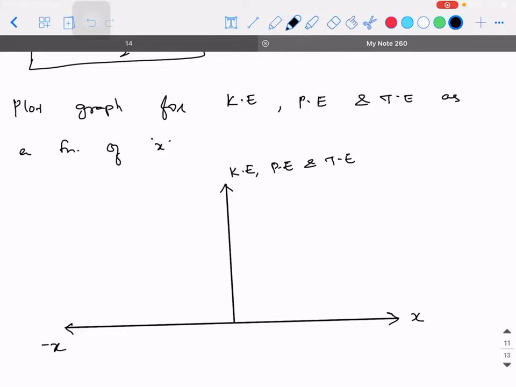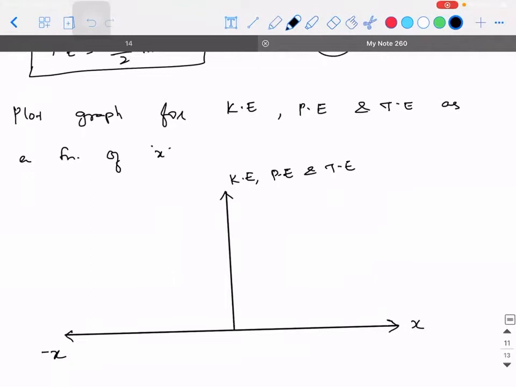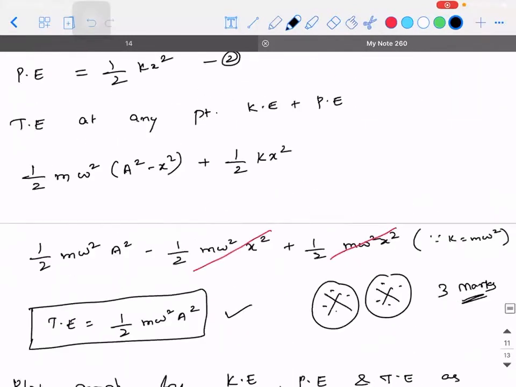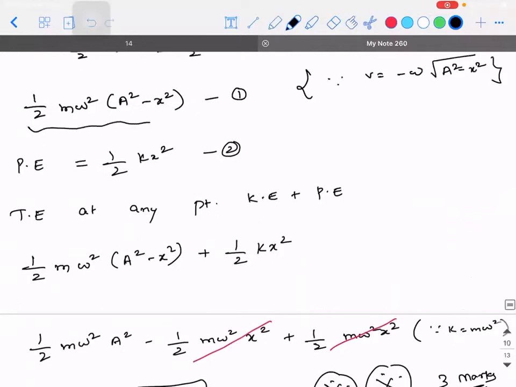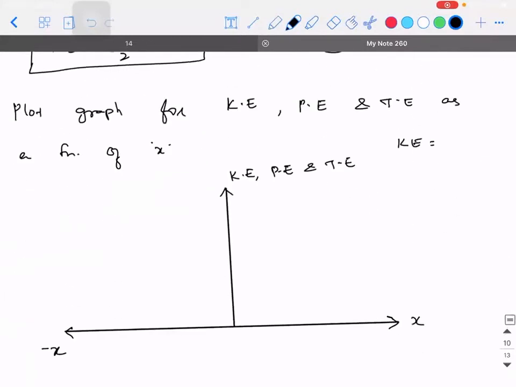So we know that y is the dependent axis, x is the independent axis. So what is the expression for kinetic energy that we obtained in this case? It was half m omega square into a square minus x square.